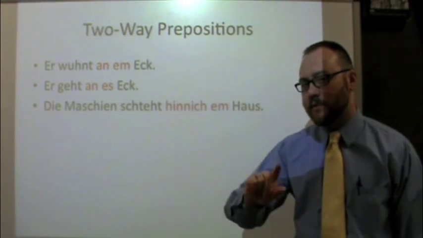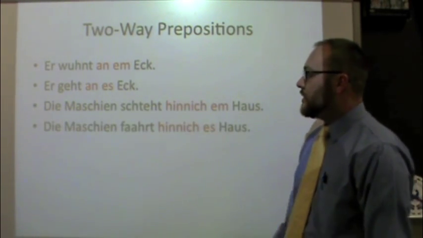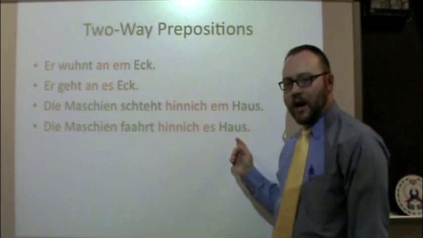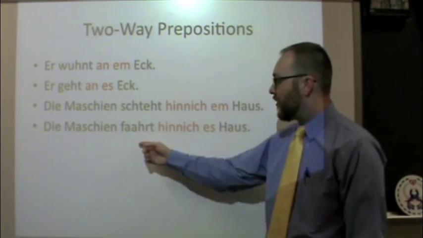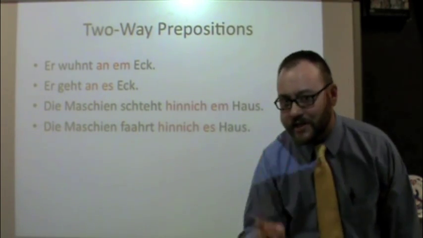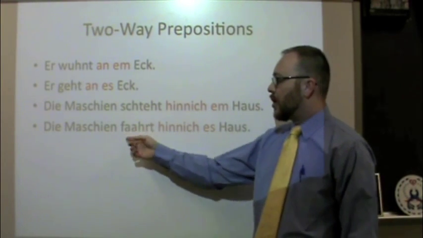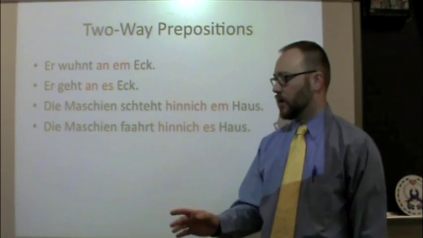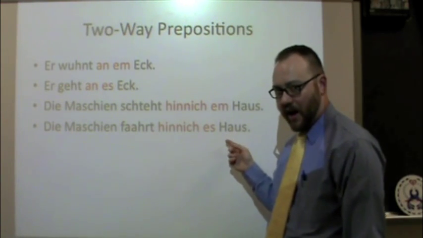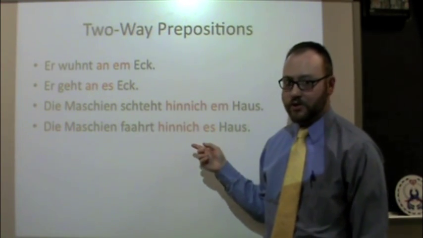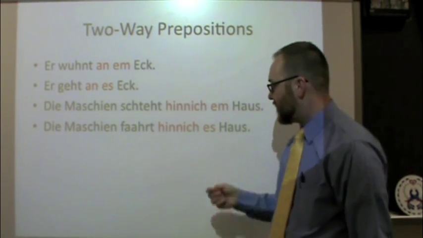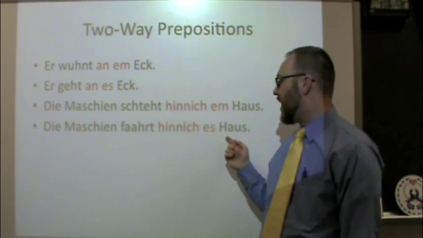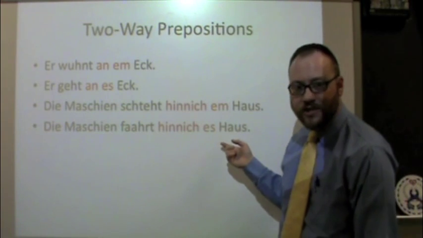Now I'm going to take that same sentence and change the verb. Die Maschine fährt hinnig es Haus. Now notice here, the car is driving, or going, behind the house. Now there's motion. So motion takes this two-way preposition and makes it accusative.